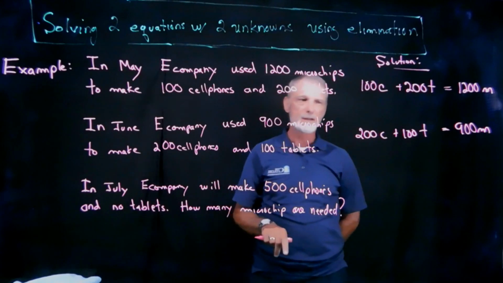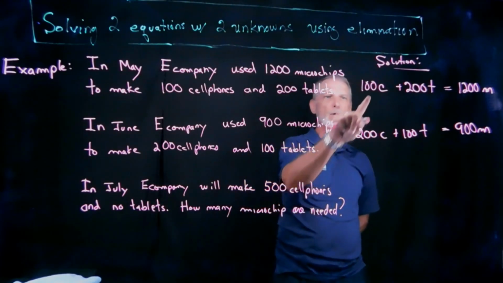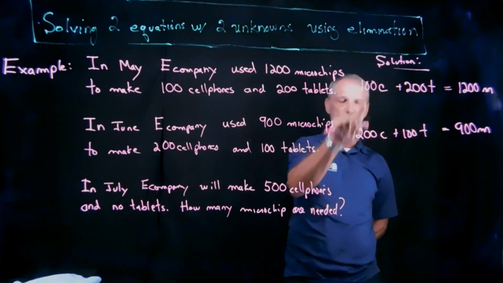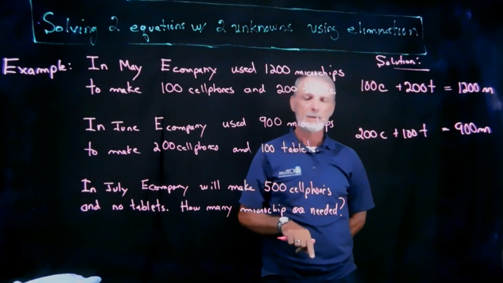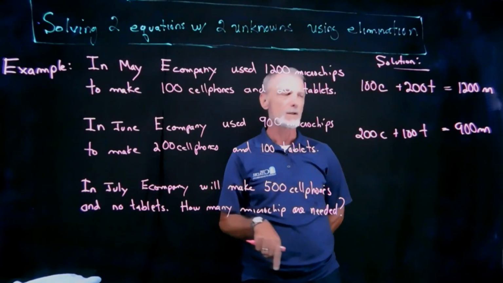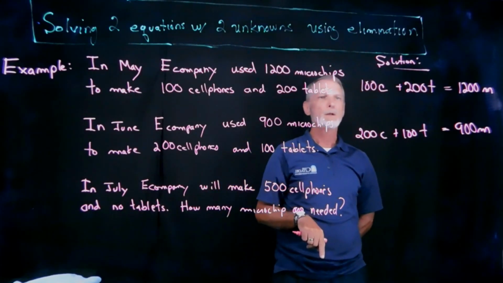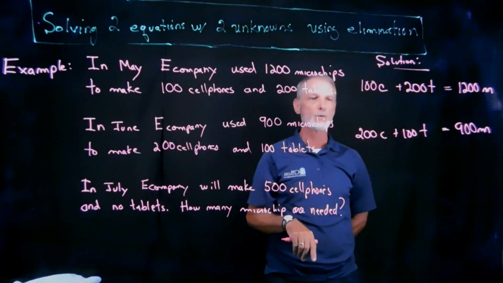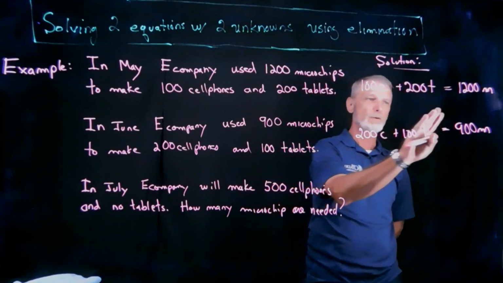Well, the way we can figure that out is if we figure out the number of chips, microchips we use in the cell phones, then we can take that number and multiply it by 500, and that'll tell us how many chips we need. So we know 100 of these plus 200 of those requires 1,200 of those, and 200 of these plus 100 of those equals 900 of those.